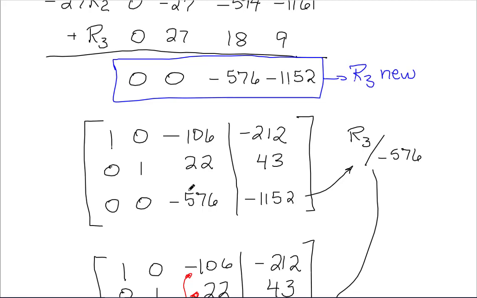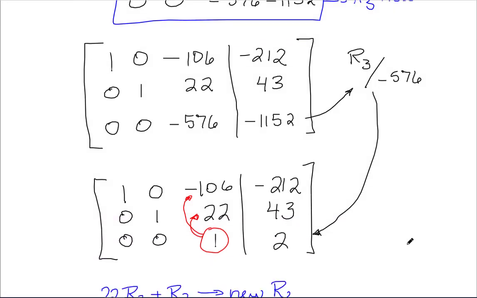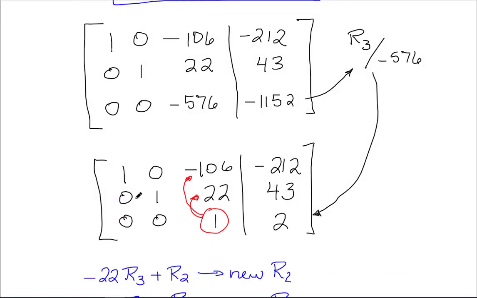I'd like to have a 1 here. Well, let's see. What if I divide this whole row by -576? Yes, it turns out it's a nice number. And I do get a 1. -1152 divided by -576, and we get a 2.